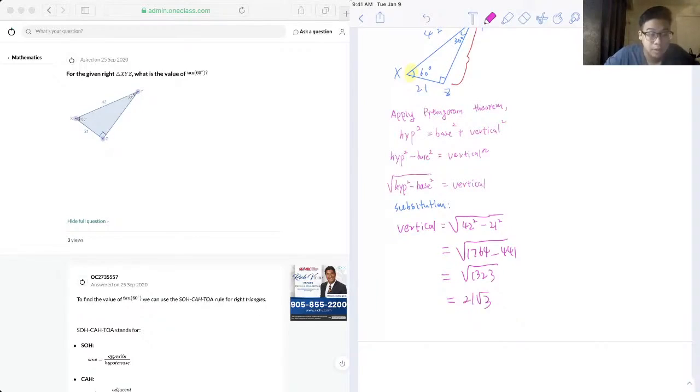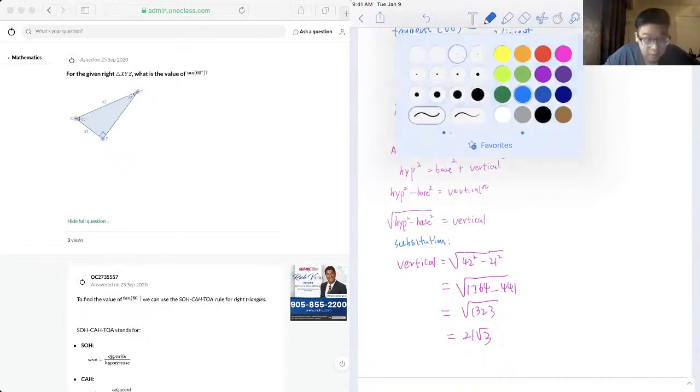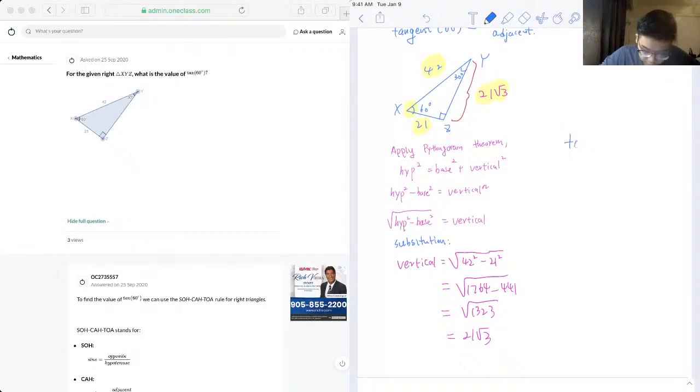Now we have everything we need to calculate the tangent. We can write 21 root 3 here. So we have our hypotenuse 42, adjacent 21, and opposite 21 root 3. So let's do the tangent.